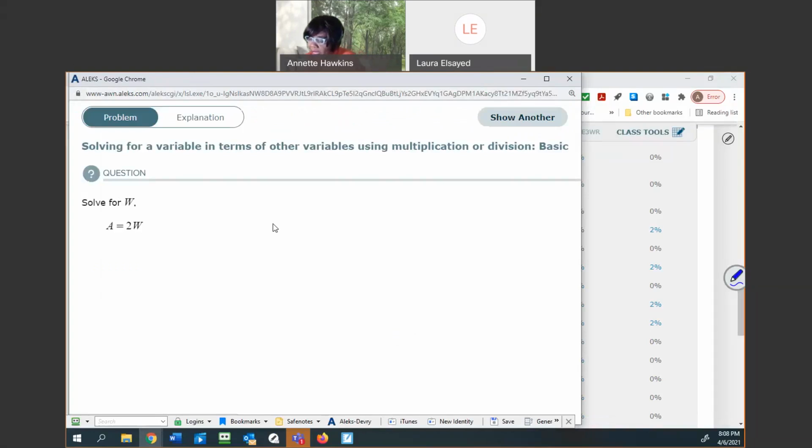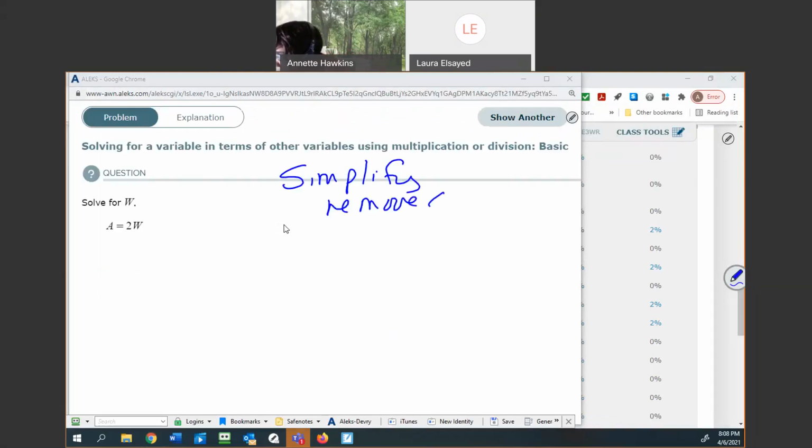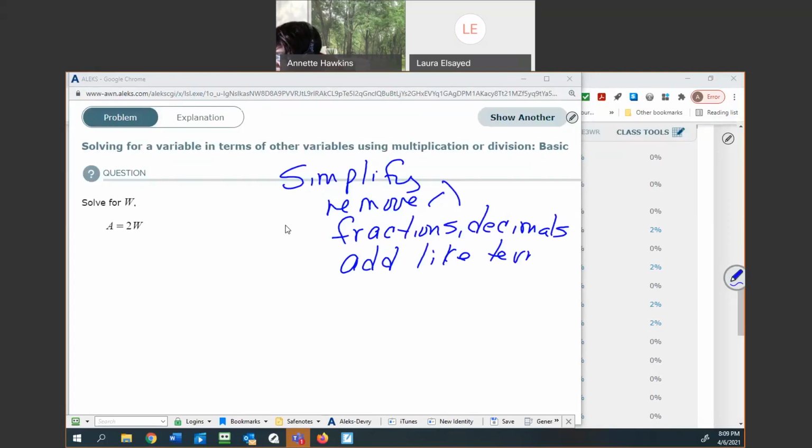So here it's asking us to solve for w, and I'm going to go back through. Simplify. That means remove parentheses, fractions, decimals, add like terms on the same side.